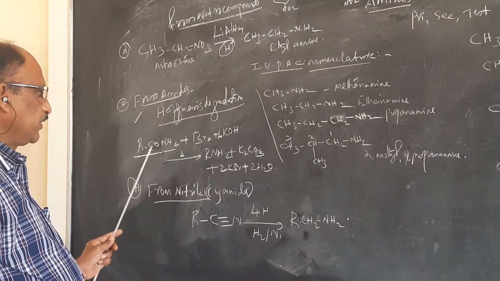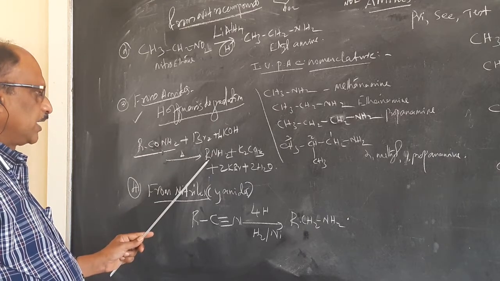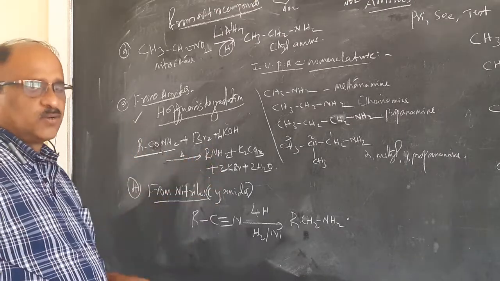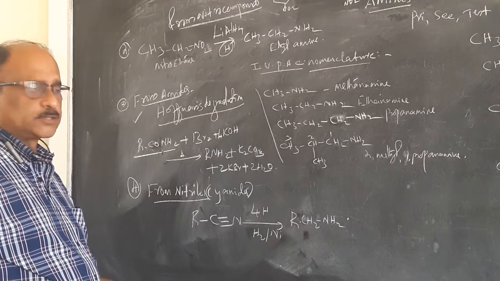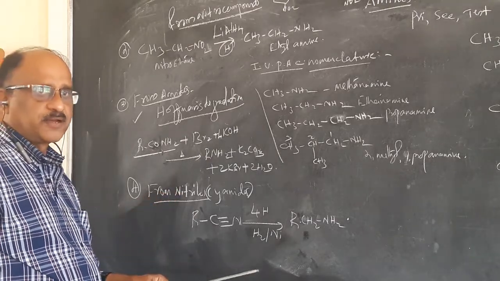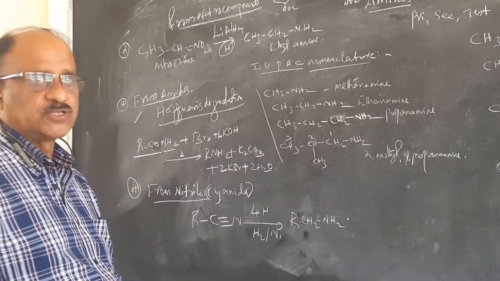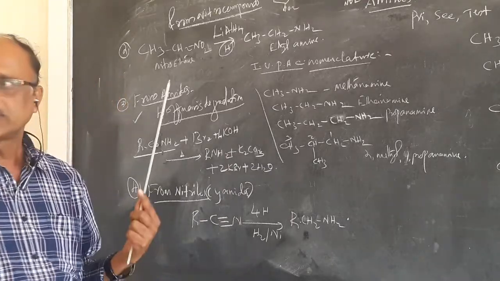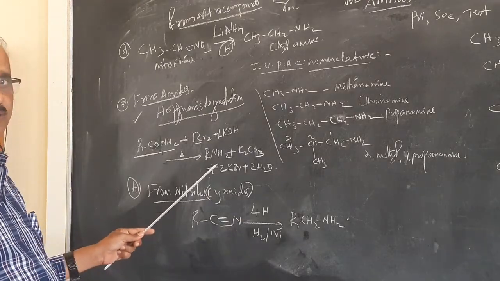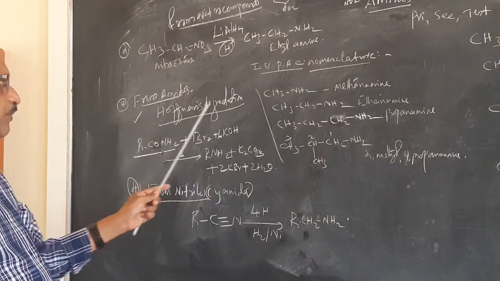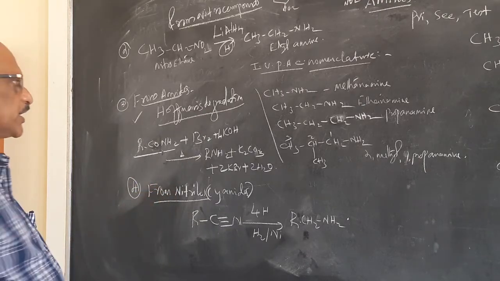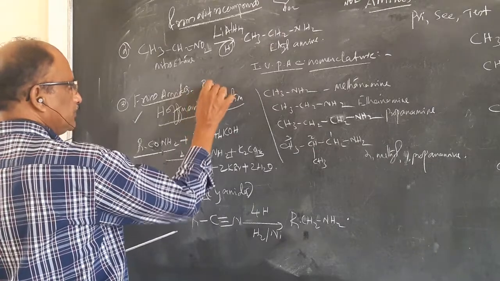So here RCONH2 has been converted into RNH2. CO is gone, right? One carbon atom is reduced, therefore it is degradation, descending the series. And you are getting RNH2. Primary amines can be prepared by Hofmann bromamide reaction or Hofmann degradation reaction. This is also known as Hofmann bromamide.